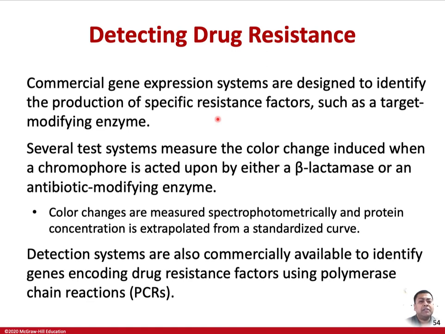So if a patient comes to the hospital with a particular infection, they can test this very quickly to identify if the patient is infected with a resistant bacteria or not. These color changes can be observed spectrophotometrically. Protein concentration is extrapolated from a standard curve, and these are very standard processes.